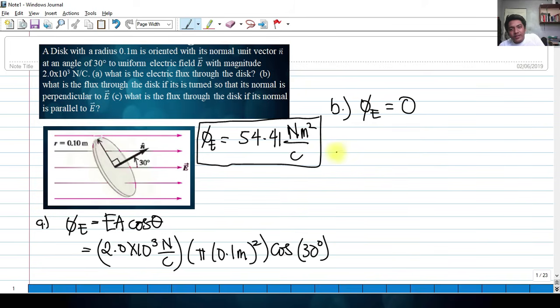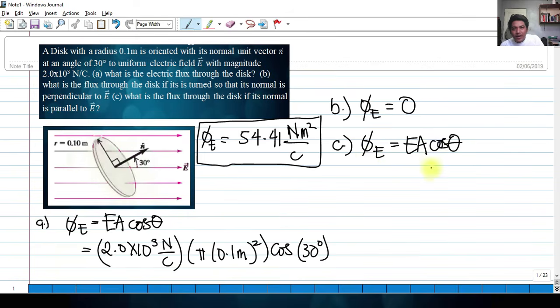Letter C. What is the flux through the disk if its normal is parallel to the electric field E? If the electric field is parallel to the normal vector, the angle between them should be 0, and we're going to calculate the flux. Still the same formula.